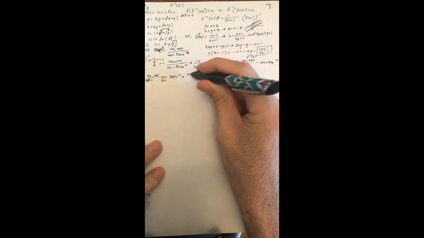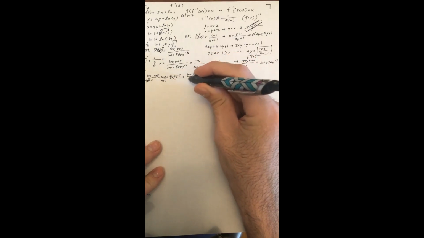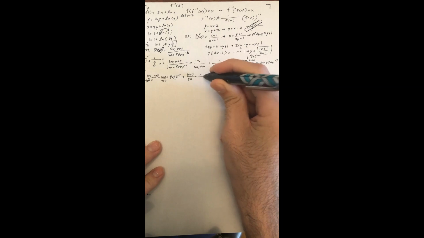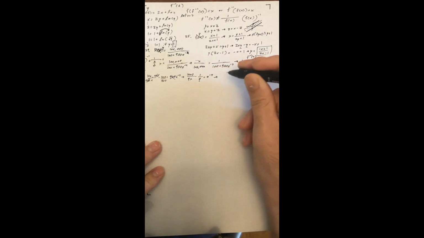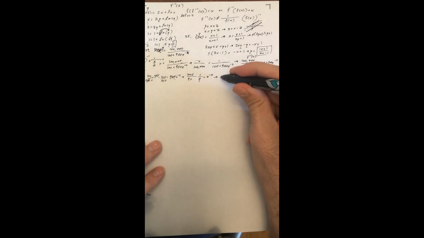So you get 1,000 over 9x minus a ninth is equal to e to the negative y, which implies that, we're almost done, the negative of the natural log of 1,000 over 9x minus a ninth is equal to y, and that's our answer.